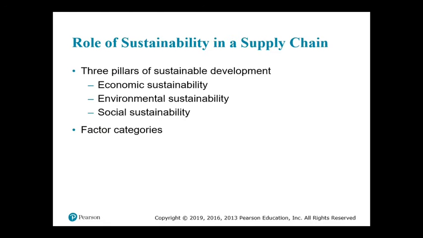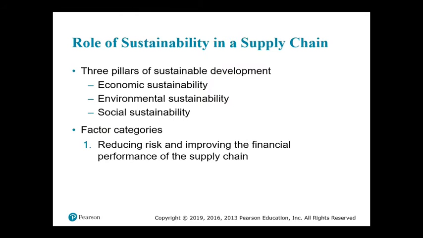And what are the factors that encourage more sustainability within our industry? The one that we see most is reducing risk and improving the financial performance of the supply chain.